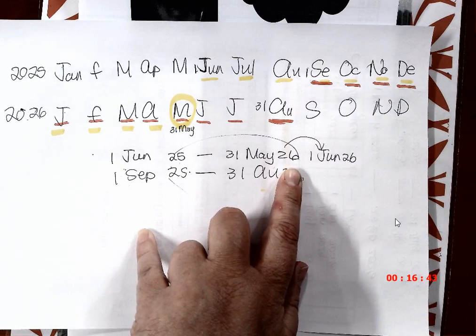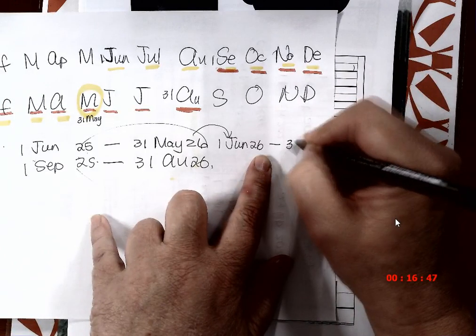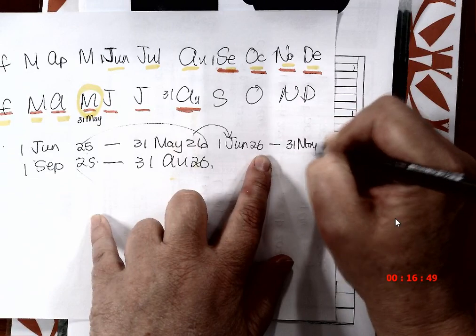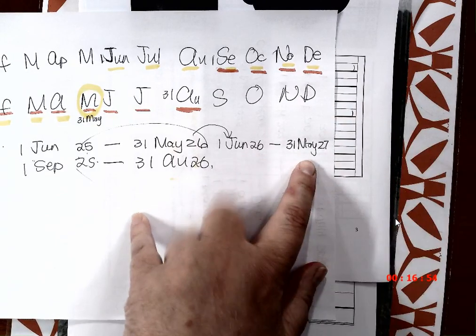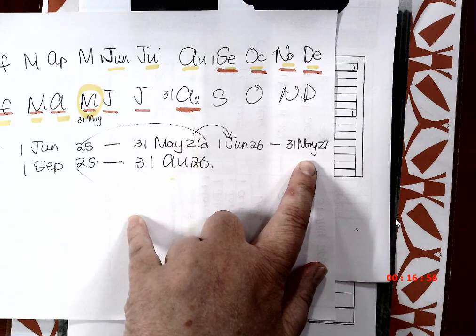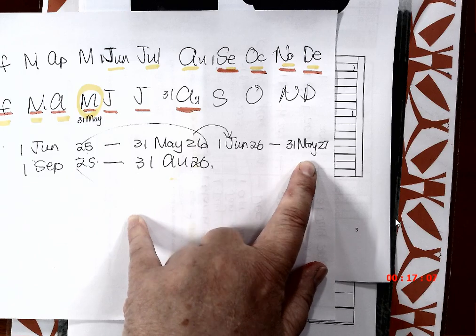When will this year end? 31st May 27. When does the next year start? 1st June 27. It ends 31st May 28. It starts 1st June 28. It ends 31st May 29.